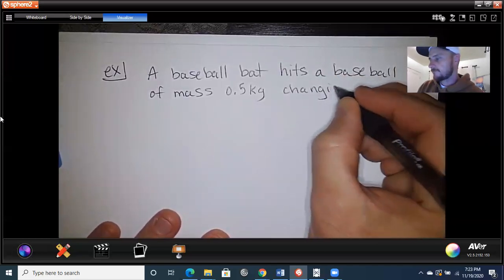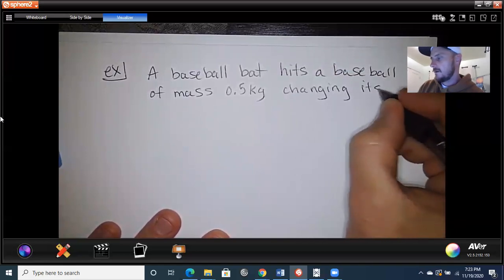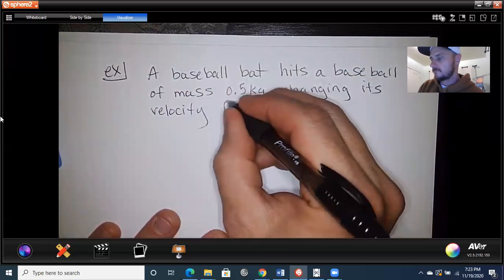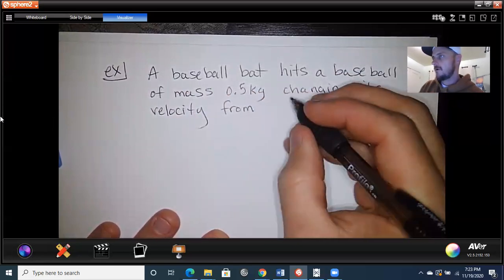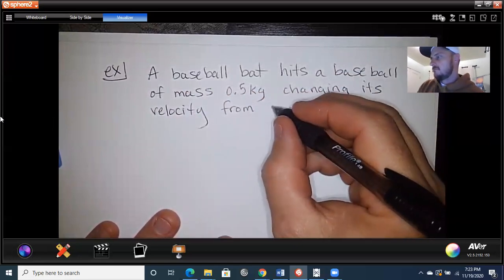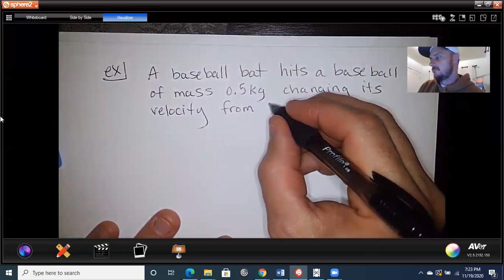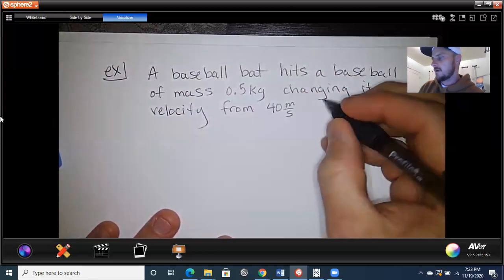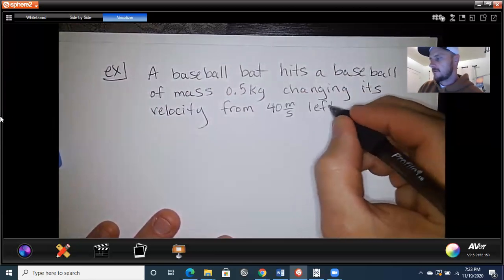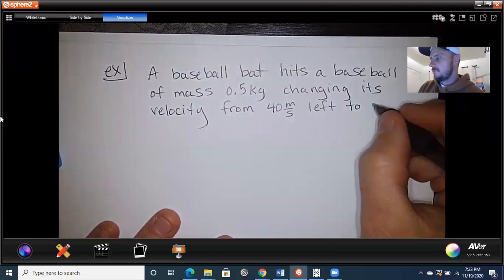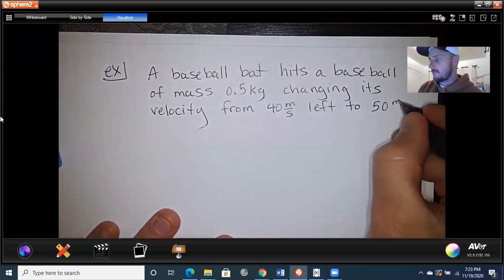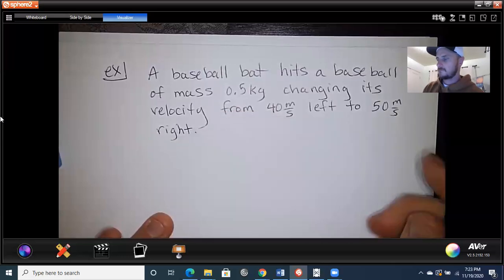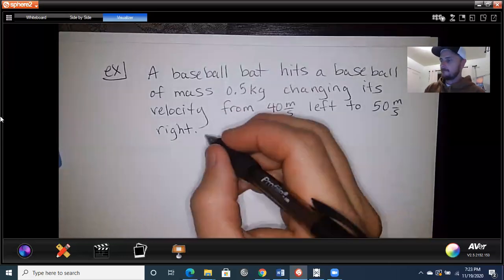changing its velocity from, let's say, 40 meters per second left to 50 meters per second right. That's good.